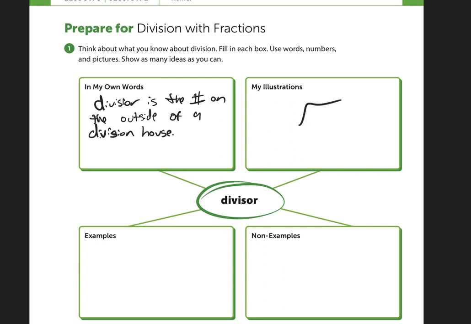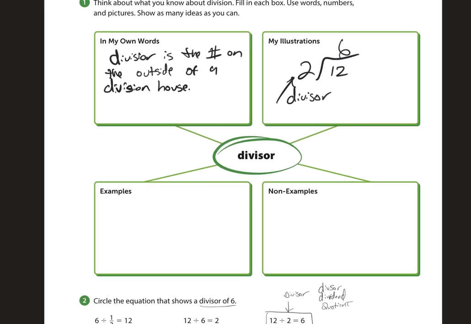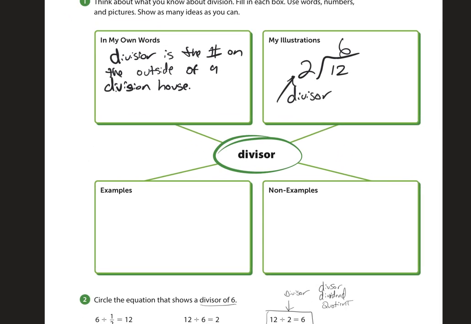Illustration. I guess an illustration and an example would be the same, right? So let's just write that again. Non-examples.